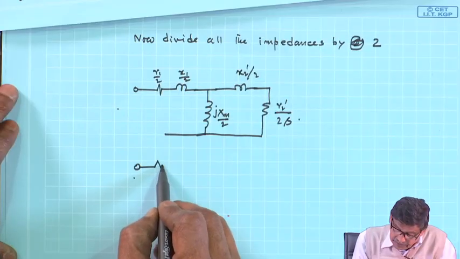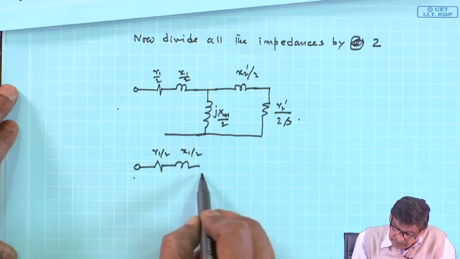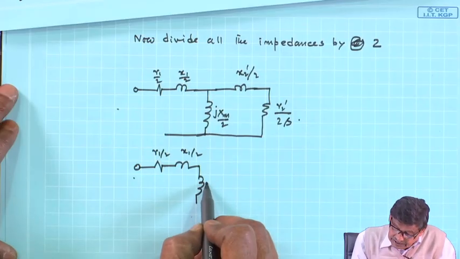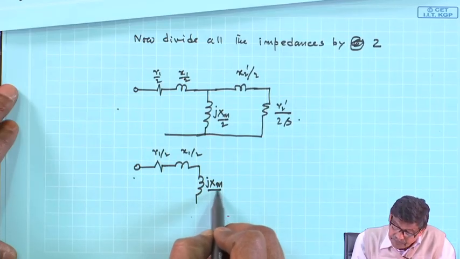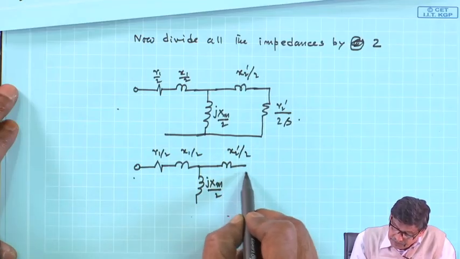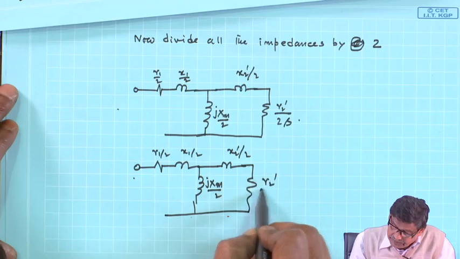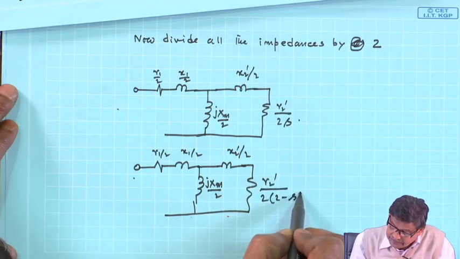So this will be R1 by 2, X1 by 2, jXm by 2, X2 dashed by 2, and R2 dashed by 2 into 2 minus s.